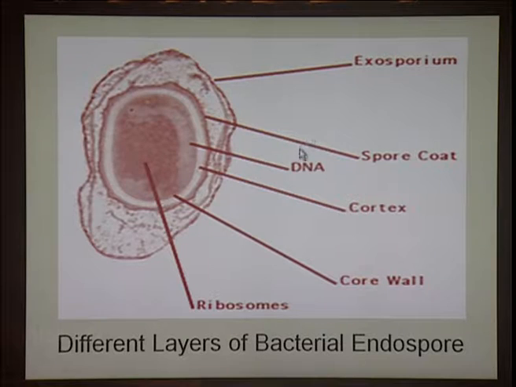After the exosporium there is the spore coat, and this spore coat is also formed of hydrophobic amino acids, which protect the cell wall from other invasion, and this particular spore coat is also protecting the bacterial endospore from lysozyme action.